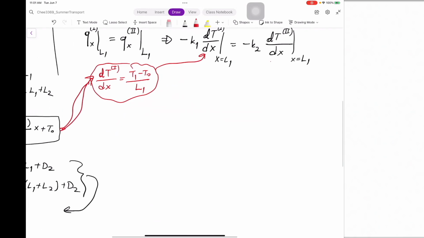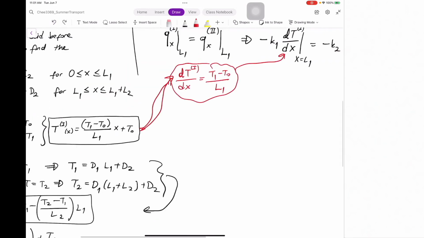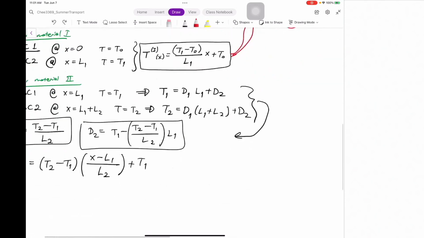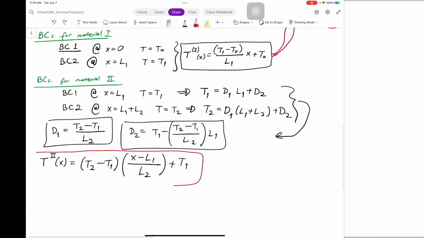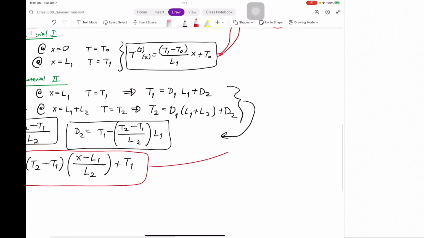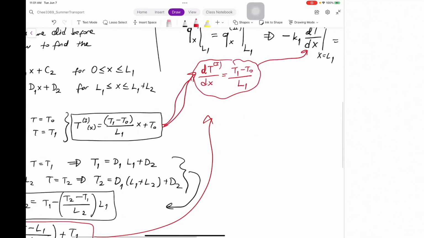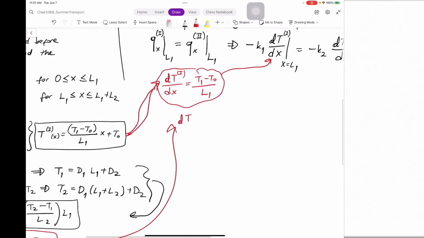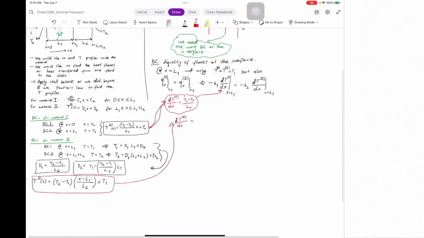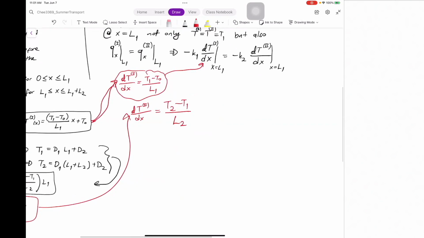And similarly, this thing is the derivative of this function. dT2 divided by dx is equal to, as you can see, the prefactor of the x, which is basically T2 minus T1 divided by L2. Okay, and you can plug this in here.